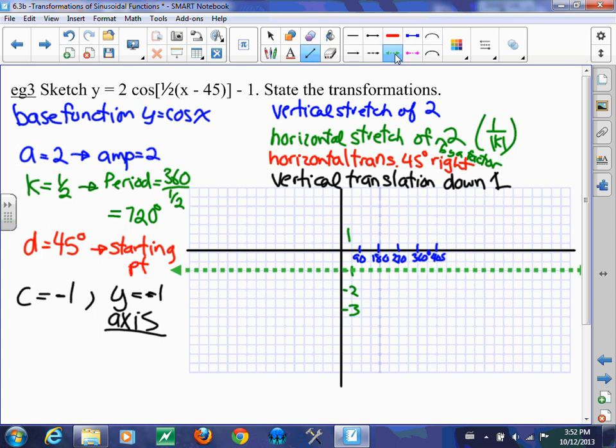I'm sorry, let me fix that up. 90, 90, 90. So if I take 360 and add 90 to it, that's going to be 450. Add some more 90 to it, it's going to be 540. Add another 90, 630. And 720. Add another 90, 810. All right, so that's good enough for this, and I can just do -90, and this pattern will continue.